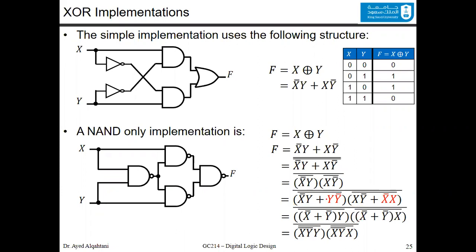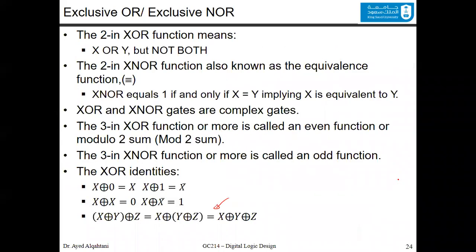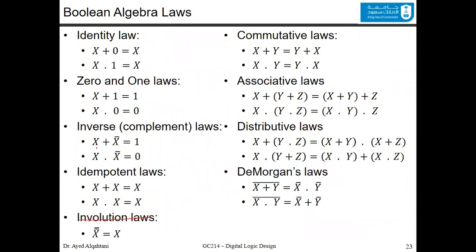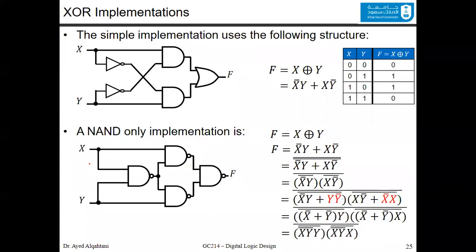To do this without changing the function, I can OR with 0. Also here, I can OR with 0. And I know that Y ANDed with Y bar is equal to 0. Also, X ANDed with X bar is equal to 0. And I know it from this law. So I took advantage of this, and I generated the Y here and the X also here.